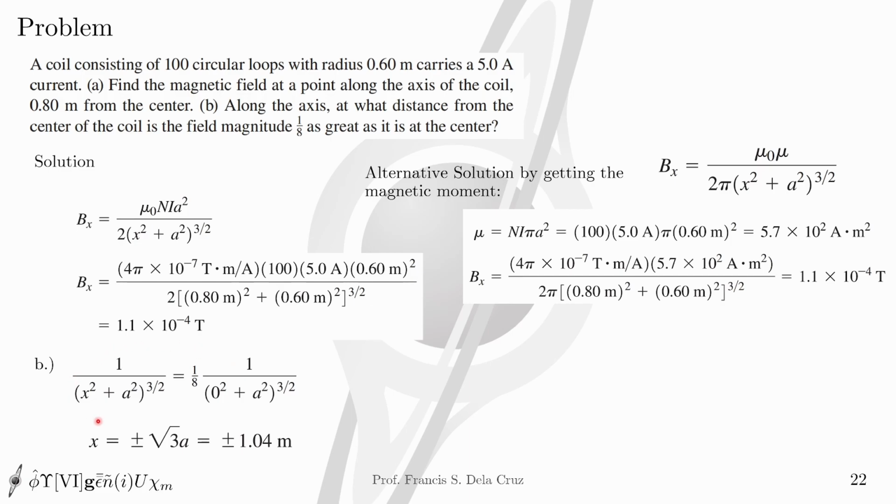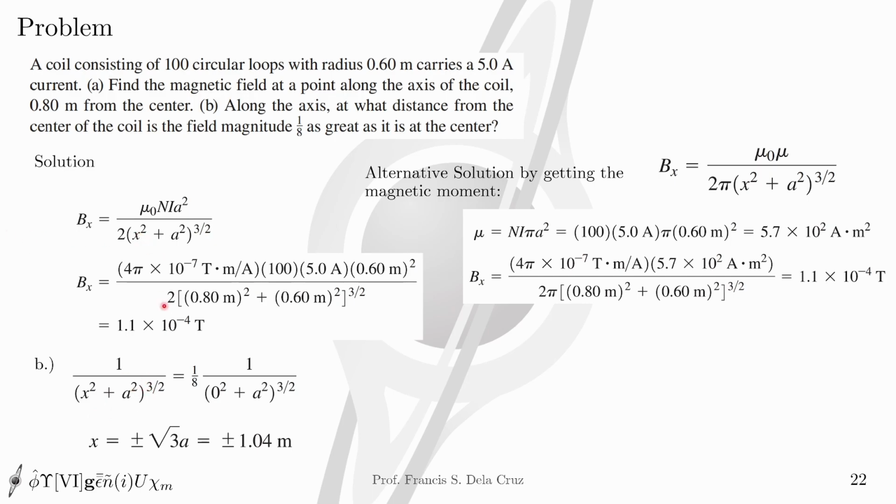And if we calculate this, we will see that the answer will be plus or minus square root of 3 times a. You can check it actually. First, you square both sides. If you square both sides, this would be 64 times (0 squared plus a squared) raised to 3, and the same case at this side.